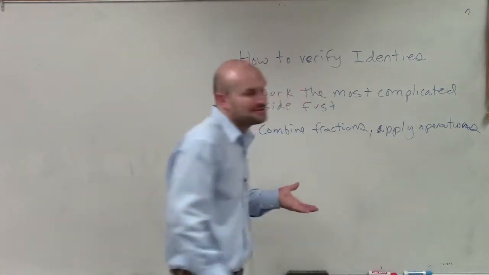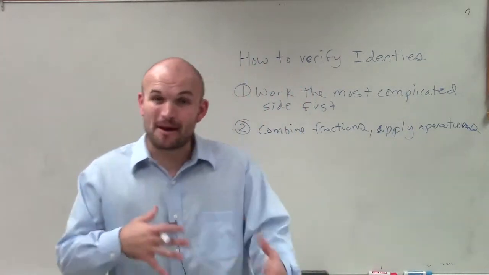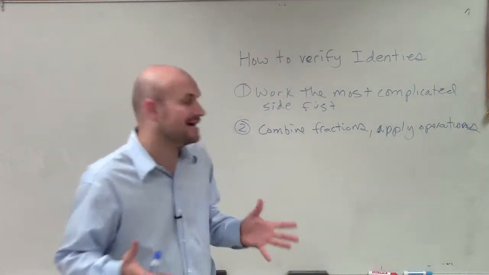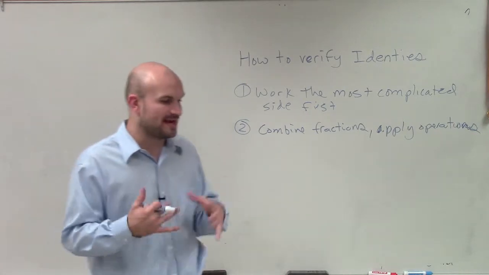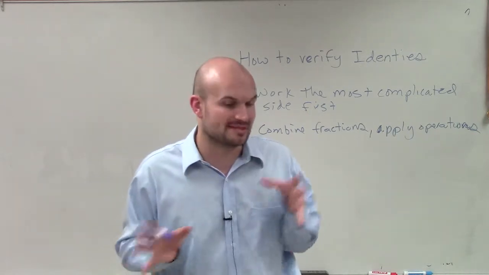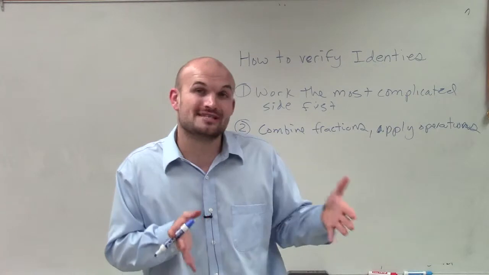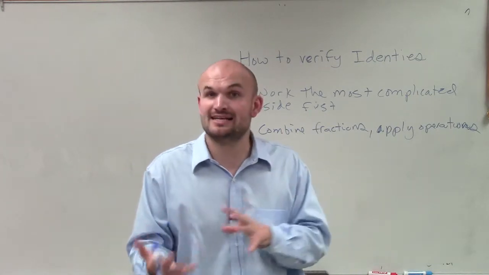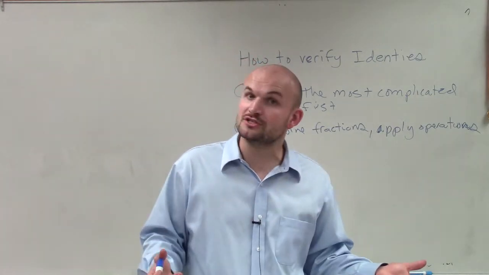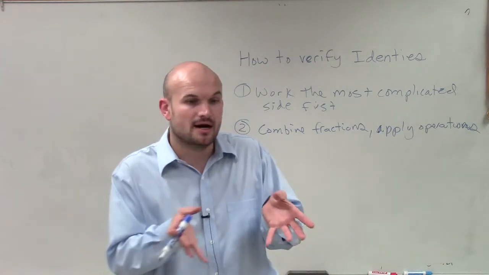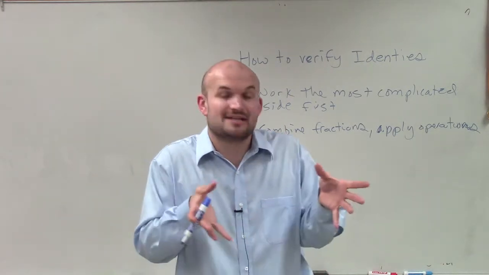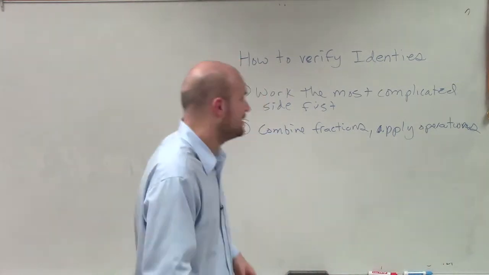If it's telling you to add or subtract or multiply or divide, apply that operation. So apply whatever algebraic operations you can. But a lot of times the ones that mostly get students is getting rid of your denominator by multiplying by the reciprocal or by the difference of squares, or the conjugate, I should say, to make sure that you can get rid of it.